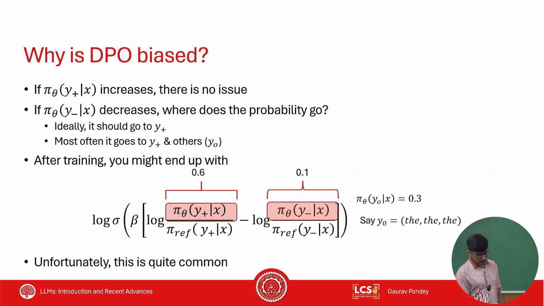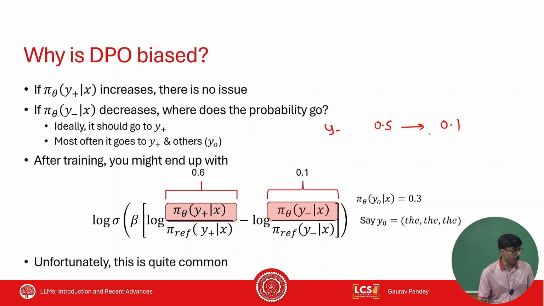The issue is when the negative output, the rejected output, that output's probability starts decreasing. So when its probability starts decreasing, what would happen to the distribution? Either that probability will go to y plus, which is fine. So here y minus decreased from 0.5 to 0.1, right? If all of it went to y plus, it is fine.